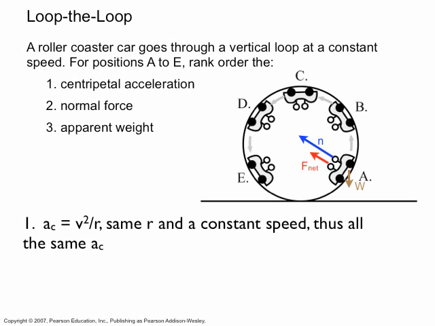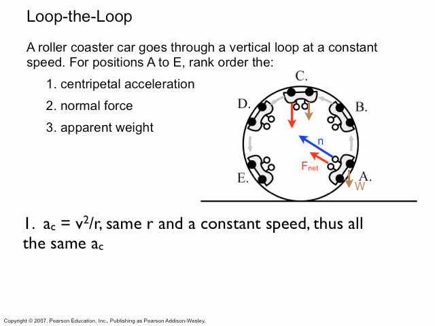When the car reaches position C at the top, the weight again pulls the car down. The normal force is in that direction, normal to the track, which is again pointing towards the center of the curve. The combination of the weight and the normal force is giving us the net force. The net force has to point towards the center of the curve for that to make a curve.